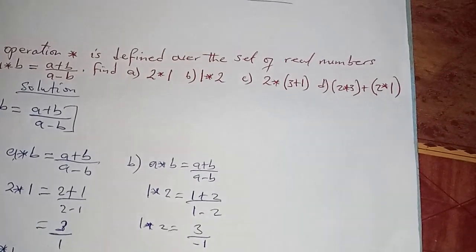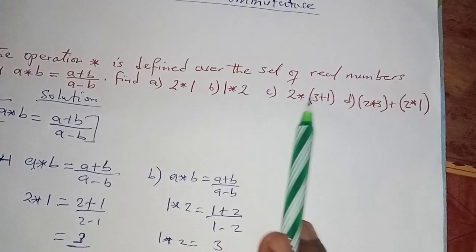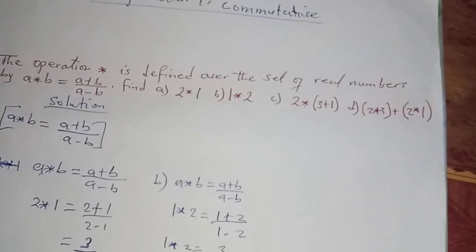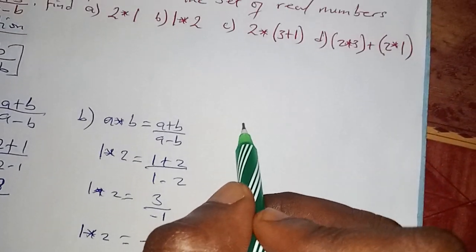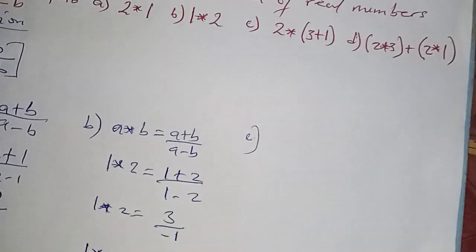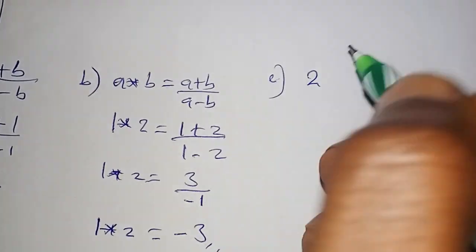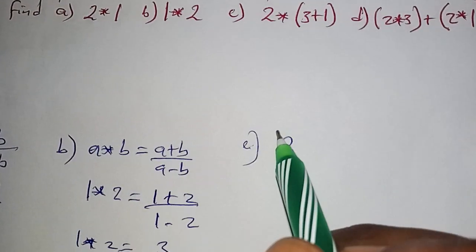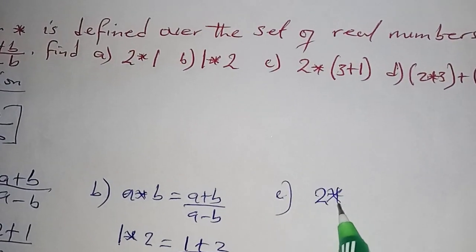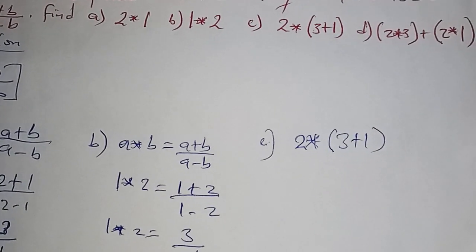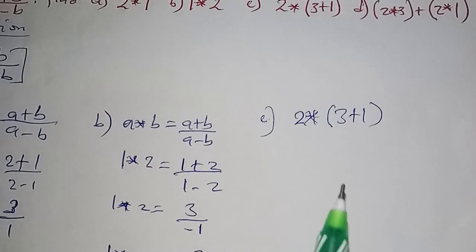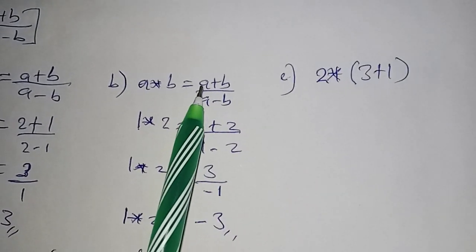Now the next one, let's analyze C and D, right? So let's go. We see this is our C. Now the question says 2 operate with 3 plus 1. Now how can we solve this question? We have to solve the question using this particular equation too.